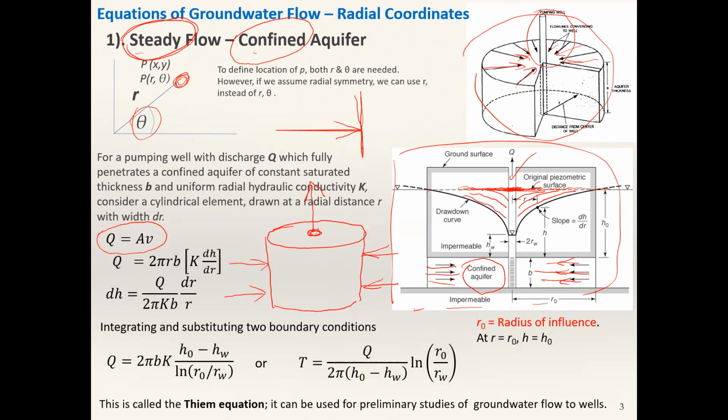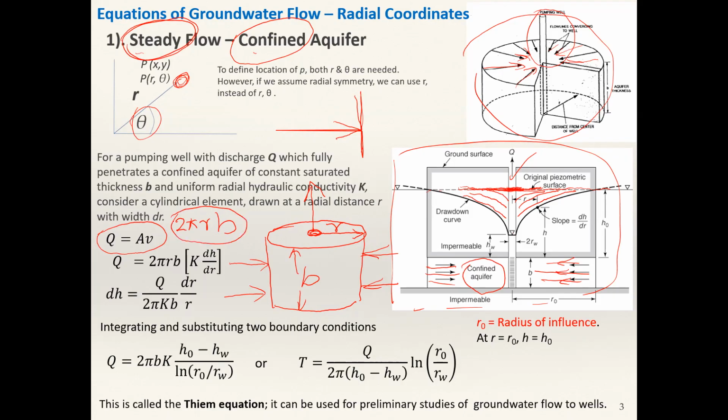So if you consider this radius, this is R, and the thickness of the aquifer as B, simply B is the saturated thickness of this confined aquifer, then the cross section becomes 2πR, the perimeter, multiplied by B. That is the cross section area.